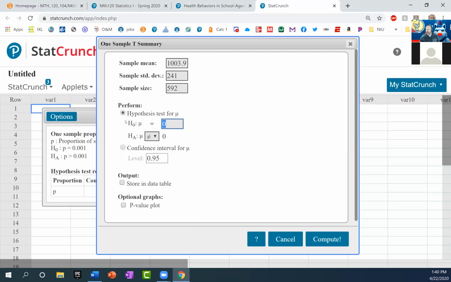Okay, our null hypothesis is that the mean is the same as the national one, and our alternative is that it's less than that. Yeah, I think we're good. Sample mean, sample standard deviation, which was given to us. We didn't have any data to calculate that. Sample size 592. Our comparison mean is 1,068. We're wondering if we're less than that. So I think we are good.